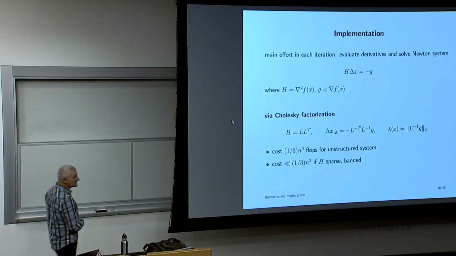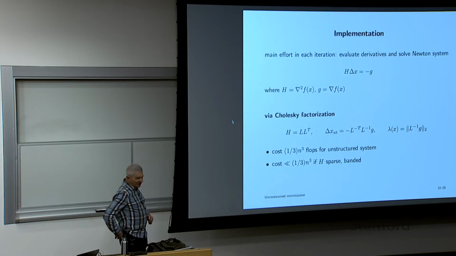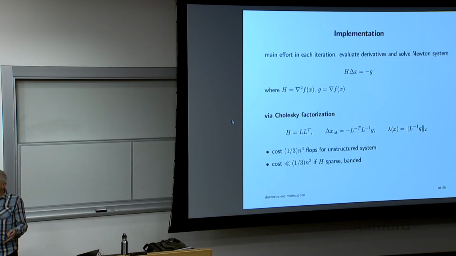Okay, now we get to something much more important, which is actually the implementation, right? Basically it comes down to forming this Hessian here and the gradient, and then solving this set of equations, which is linear algebra, right? In fact, if someone says, what are you doing? You say, I'm minimizing a smooth function. How are you doing it?